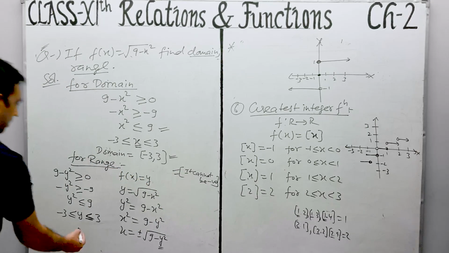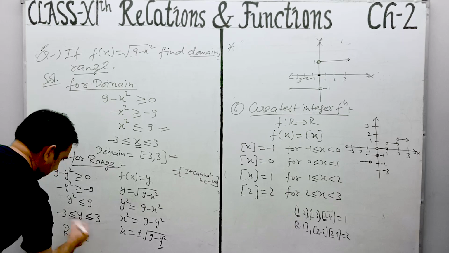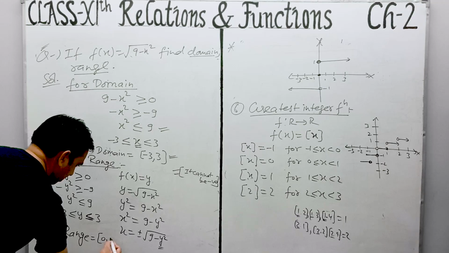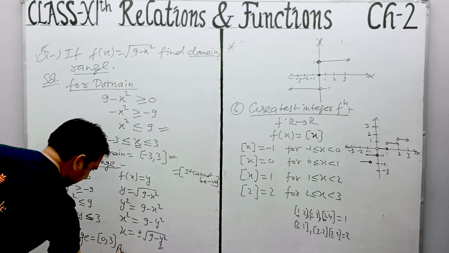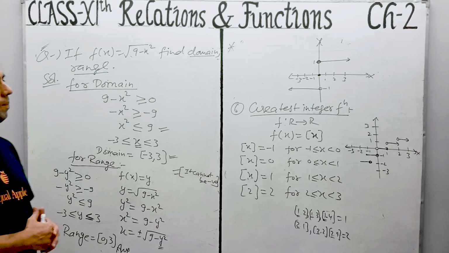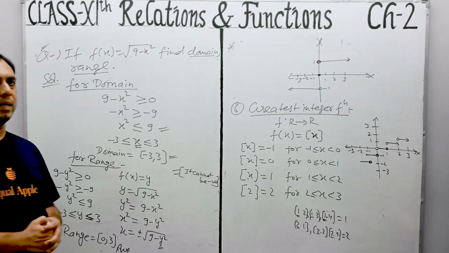That's why the range for this function is from 0 to 3. So this is all about this chapter, and we have discussed all the important topics of this chapter. Thank you.